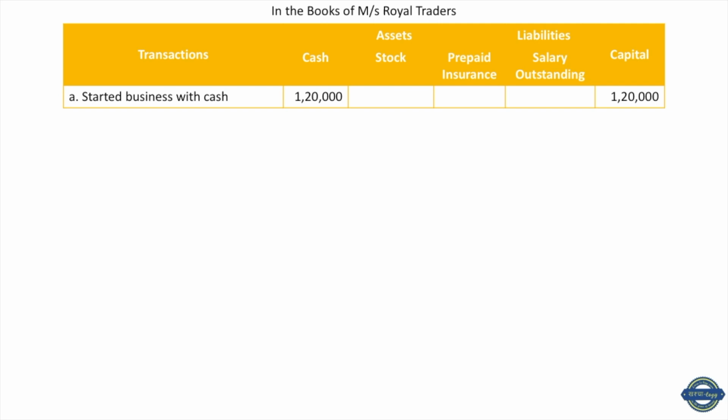So in the business, the proprietor will be represented as capital, as he claims this money in the business and we owe this money to the proprietor. So we will represent this as 1,20,000 in cash and 1,20,000 in capital.